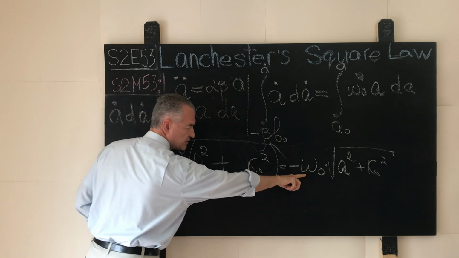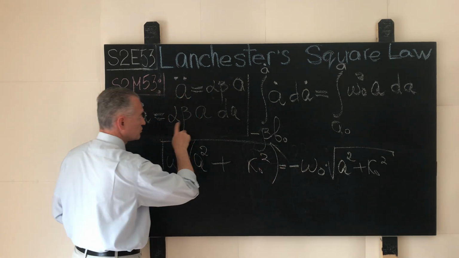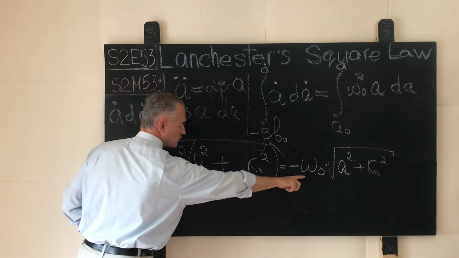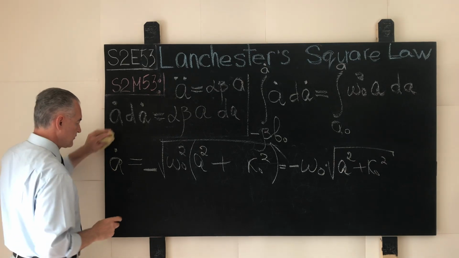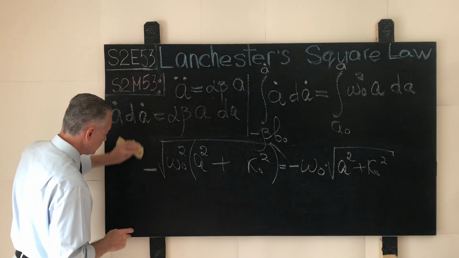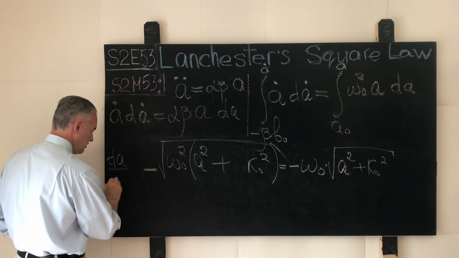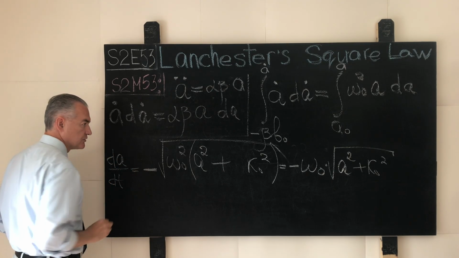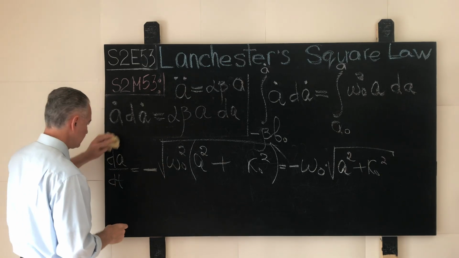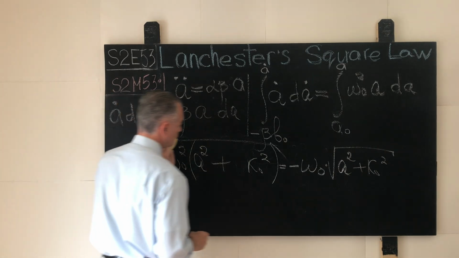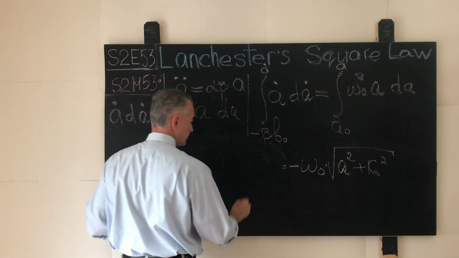But this quantity this time, there is no playing around, no choices. This is a product of two positive quantities, so it has to be positive. We take the square root with a positive sign. On the left-hand side, we have dA over dt, which is equal to this. So let's write this down more legibly. Maybe here we have more room.